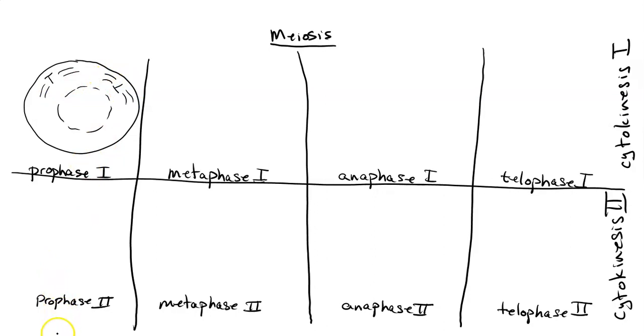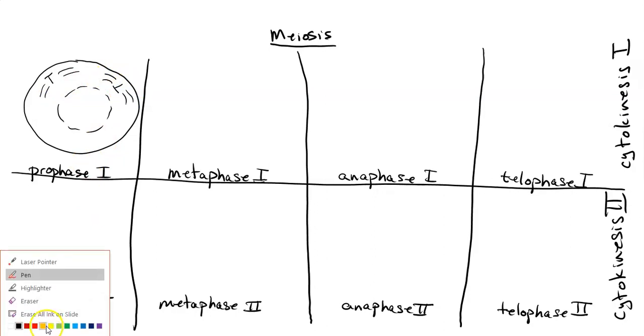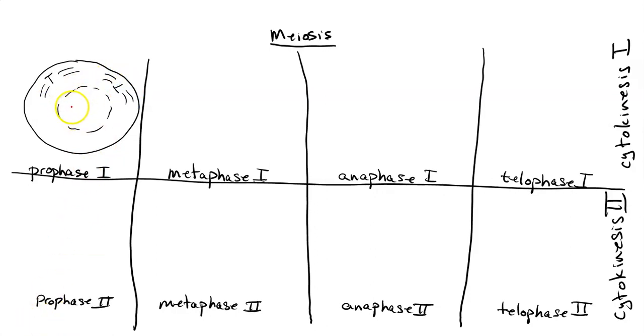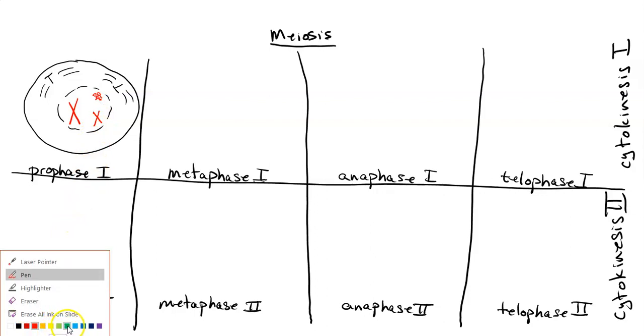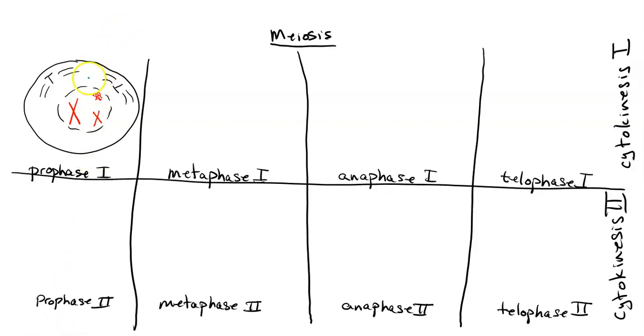But the most important thing that's going on here is we have chromosomes, a large red, a medium red, and a small red. The small red is not coiled up yet. We have a large green, a medium green, and a small green that's not coiled up yet.